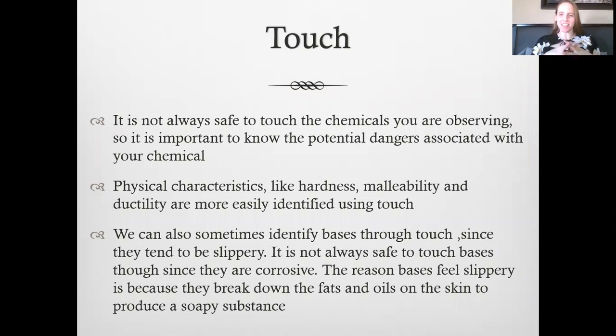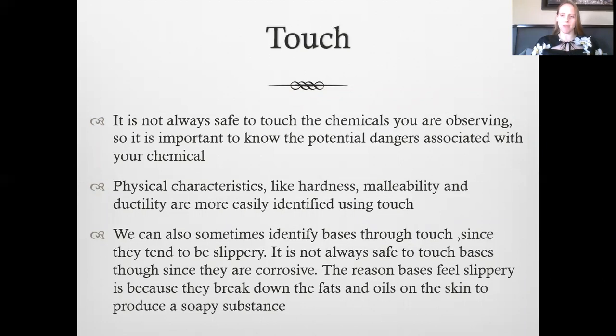So touch is obviously useful, but only in very specific circumstances because a lot of chemicals that you're dealing with are not necessarily safe to touch. Especially if you just don't know what the chemical properties are, then you definitely don't want to be touching it. However, sometimes physical properties can be determined with touch.